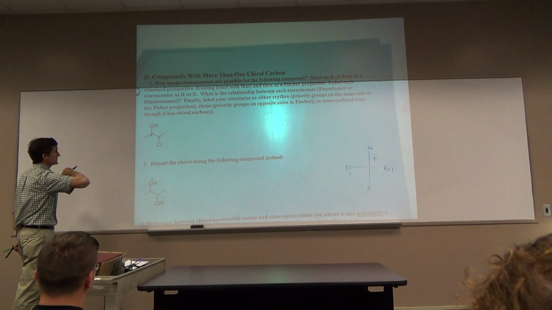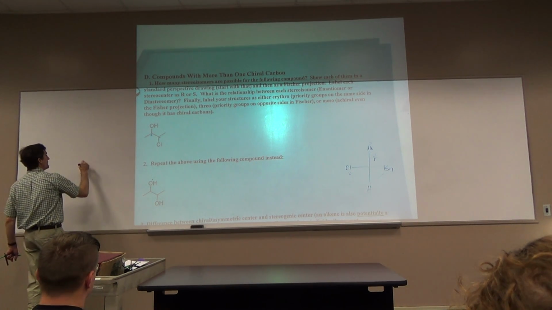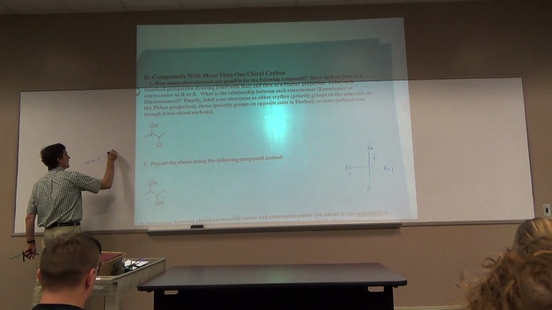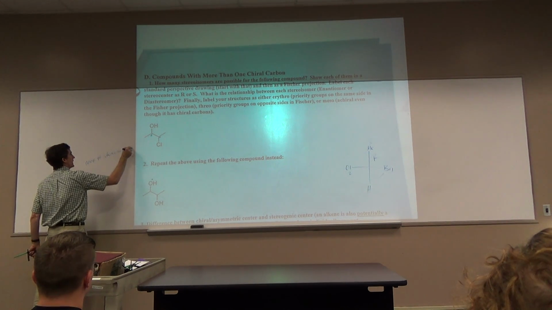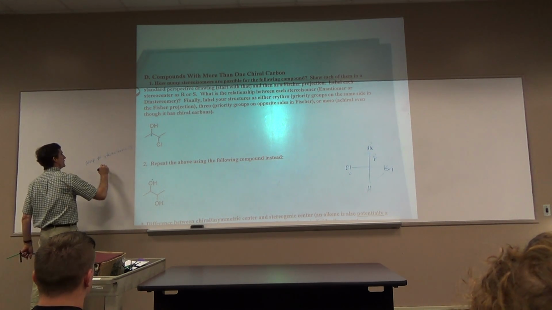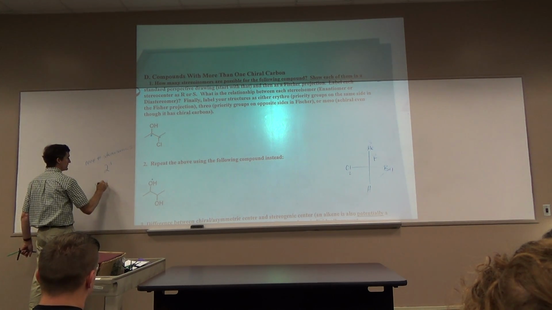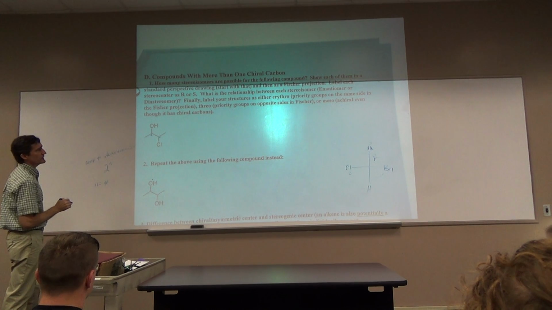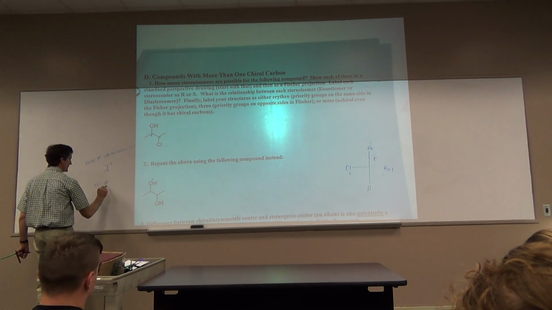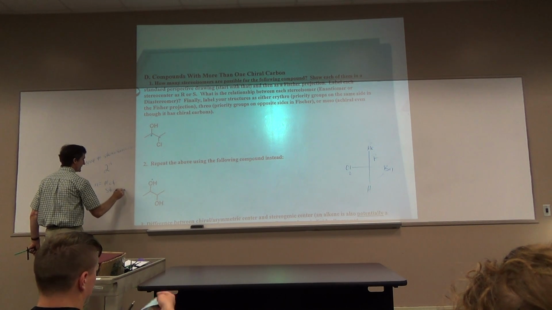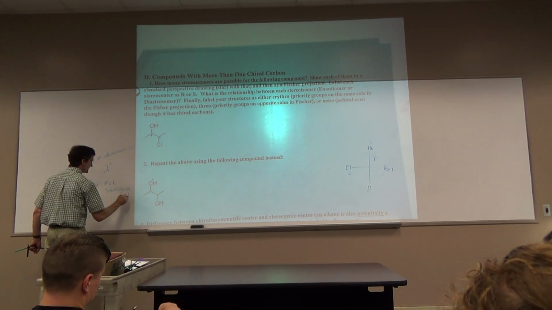Two chiral carbons. Maximum number of stereoisomers equals 2 to the n, where n equals the number of stereogenic sites.